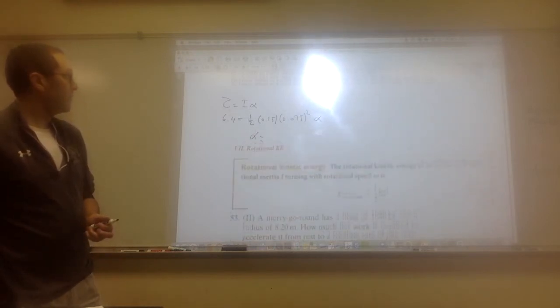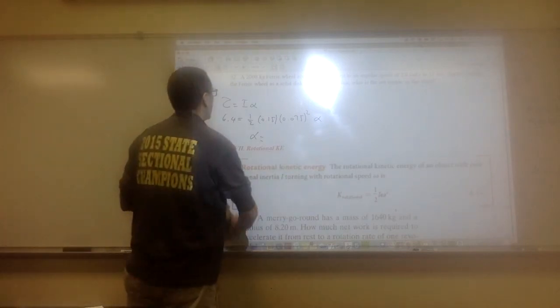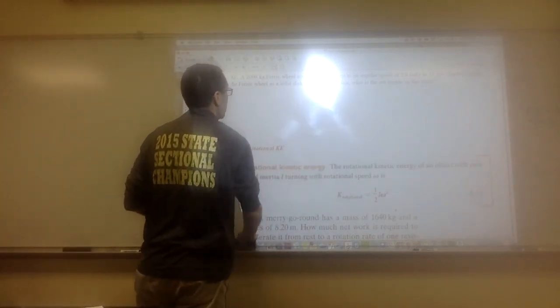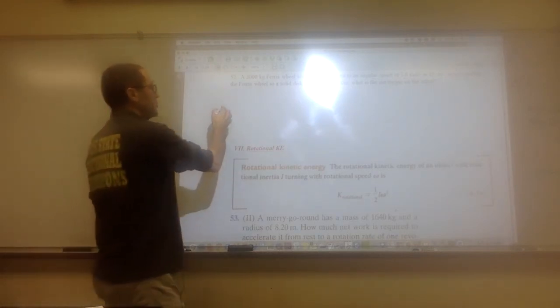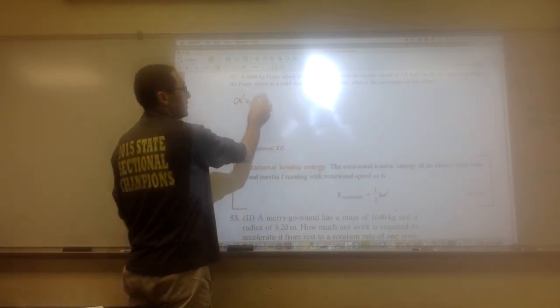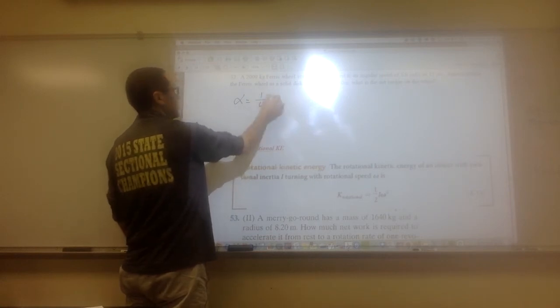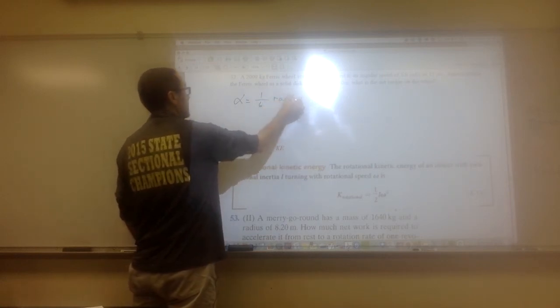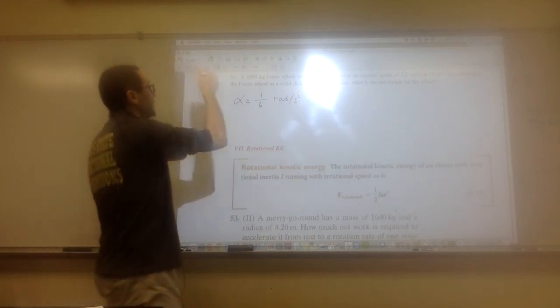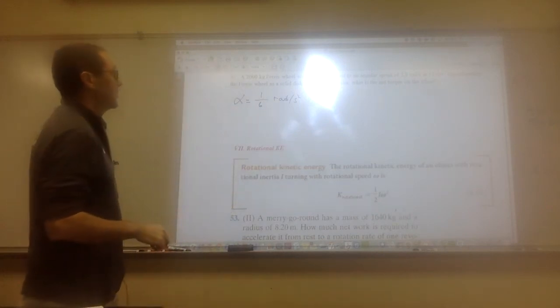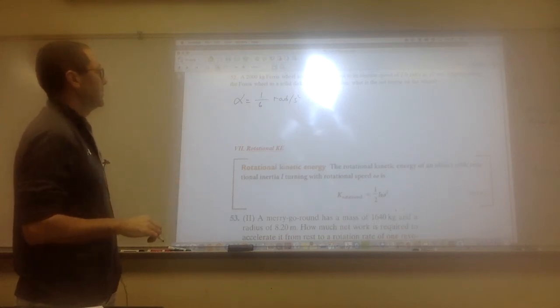Okay. A Ferris wheel, it's a 2,000 kilogram Ferris wheel, accelerates from rest to an angular speed of 2 radians per second in 12 seconds. So right away, I think we can say that the alpha is 2 over 12, which is 1/6 radian per second per second. So approximating the wheel as a solid disk, that's actually between a solid disk and a hoop because it's got those spokes in the middle.